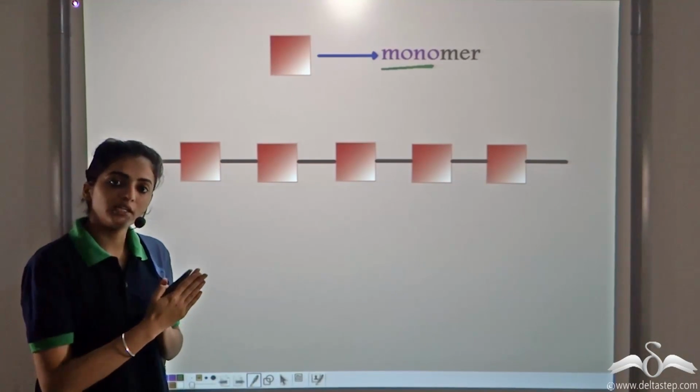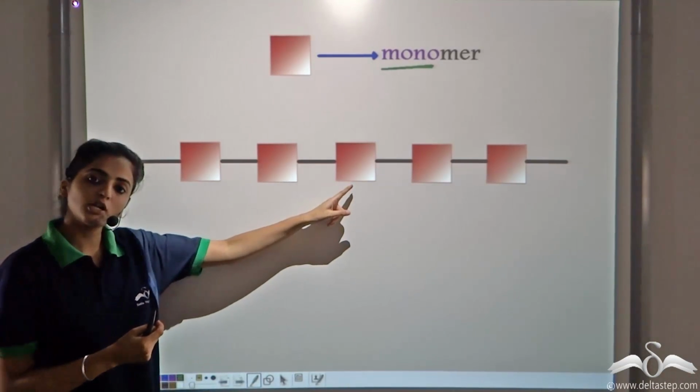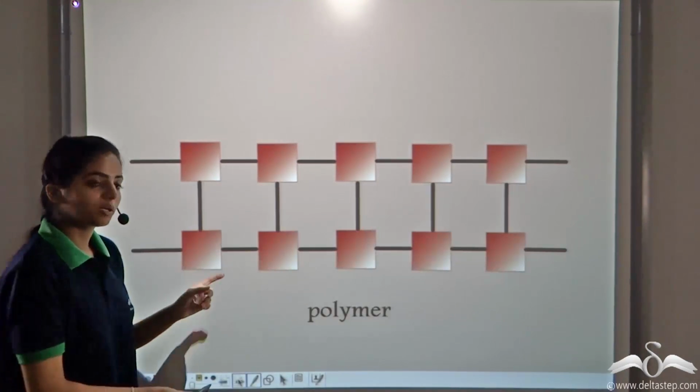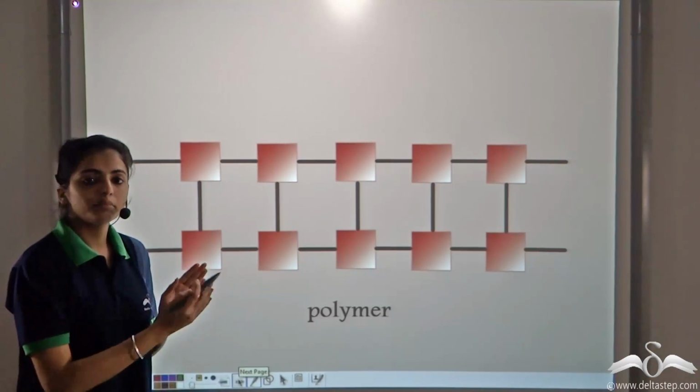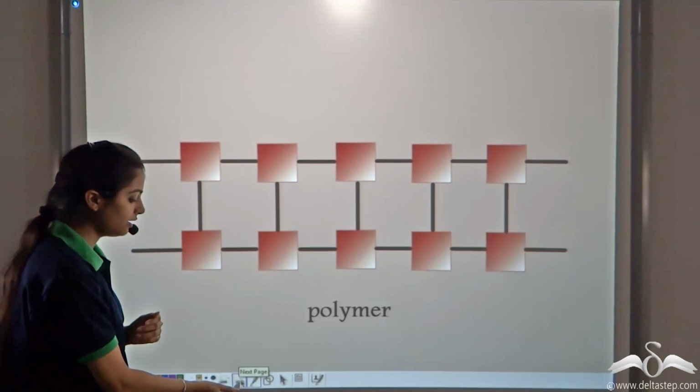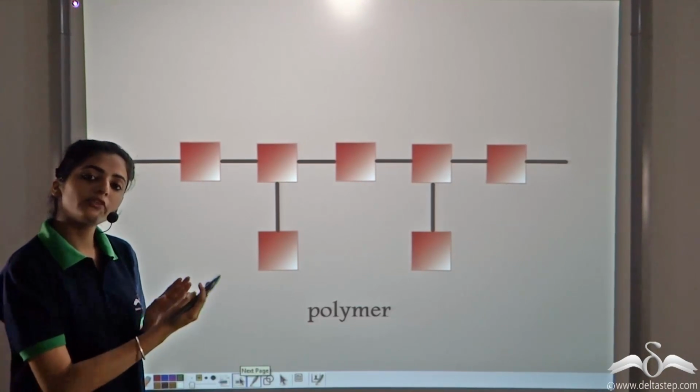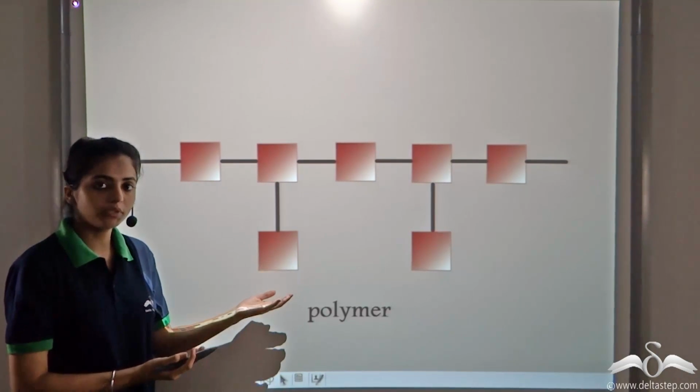That chain can be in any form. That can be a straight long chain or a branched chain. There can be a change in the branching as well. So a different type of polymer is possible.